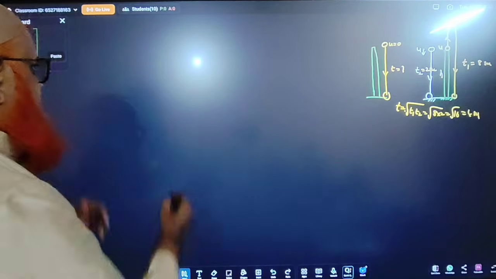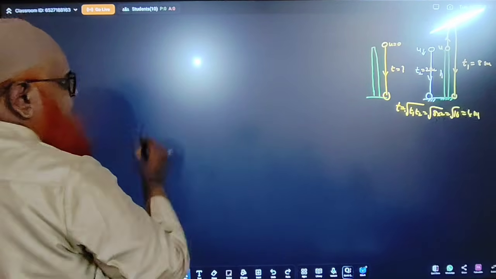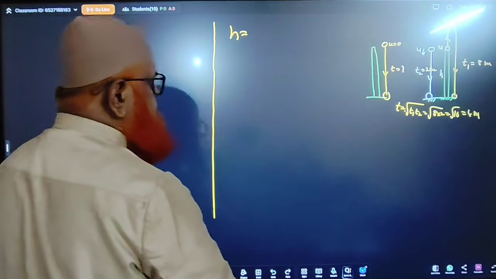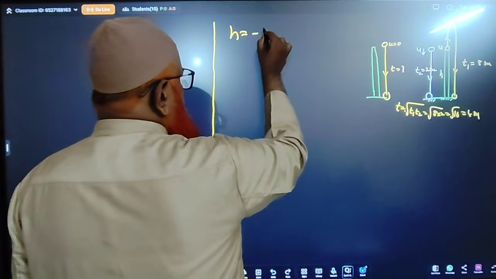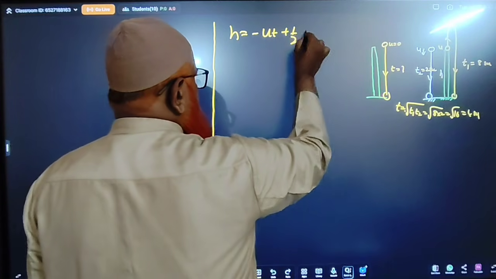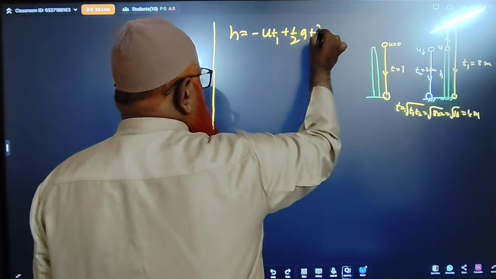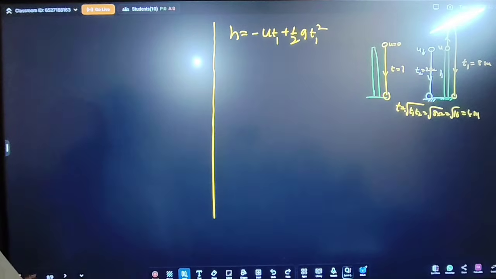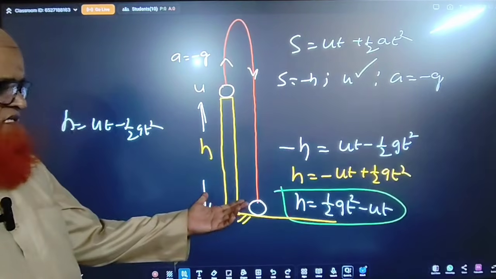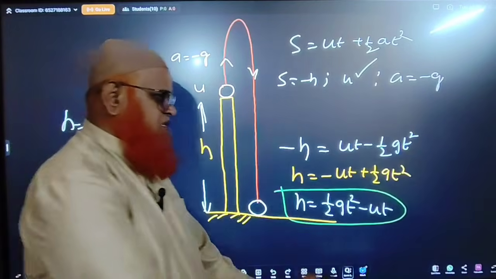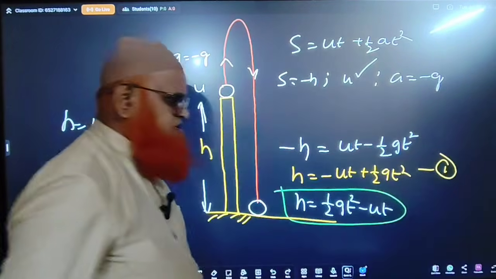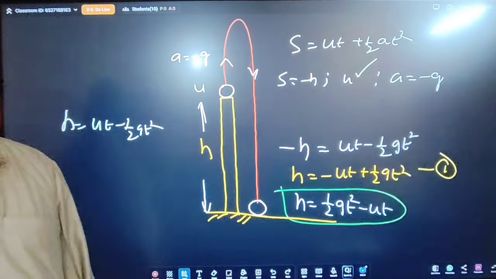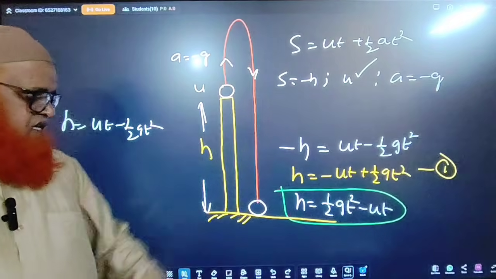See, the first case is h is equal to minus ut plus half gt1 square, where you are going to throw a body upwards with initial velocity u. Why have I taken minus? Because I have taken this equation, which is coming from this equation.